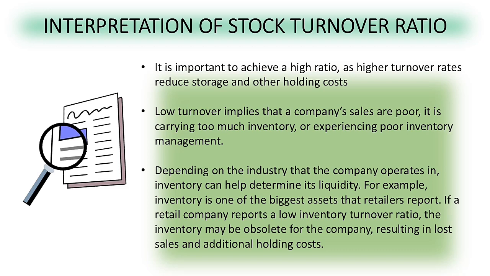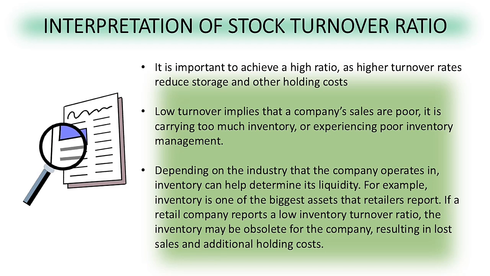It is important to achieve a high ratio as higher turnover rates reduce storage and other holding costs. It is vital to compare the ratios between companies operating in the same industry and not for companies operating in different industries. So the benchmark ratio varies greatly depending on the industry.